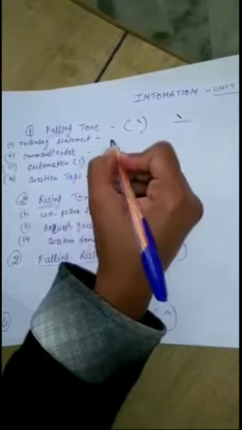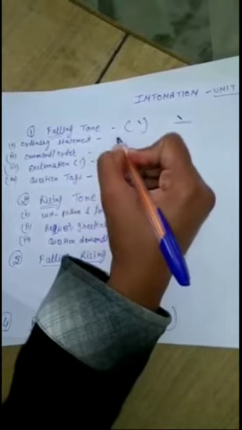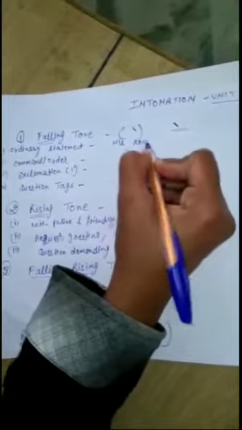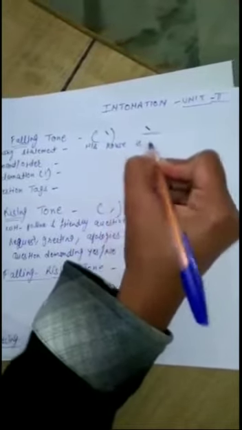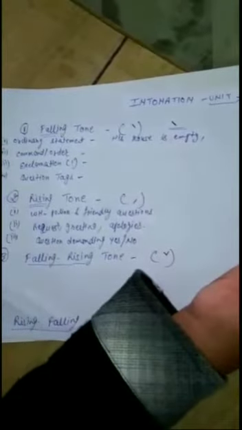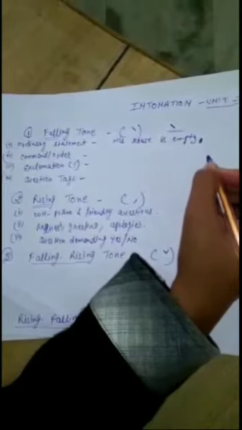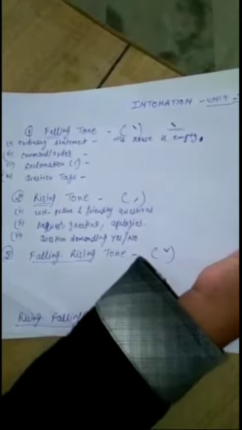Whenever there is an ordinary statement, let's say, if I say his house is empty, it means I have given a simple statement. There can be many sentences like that. This room is big, or I'm going to watch a new movie.